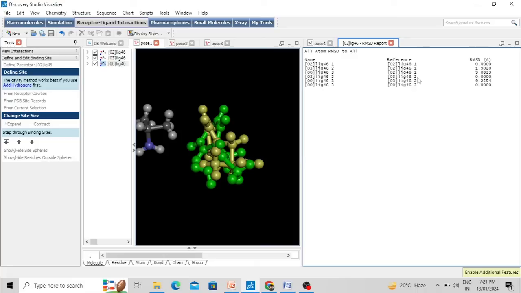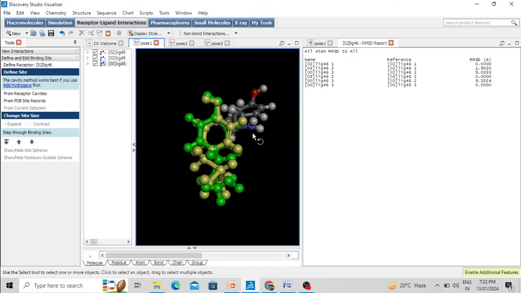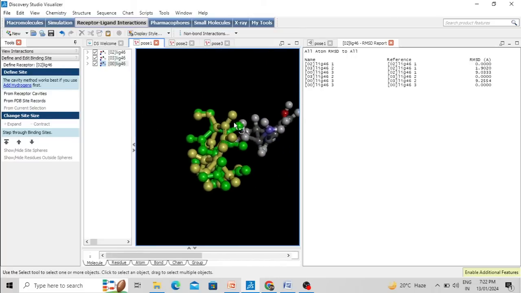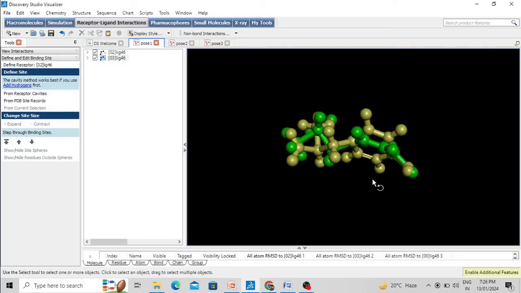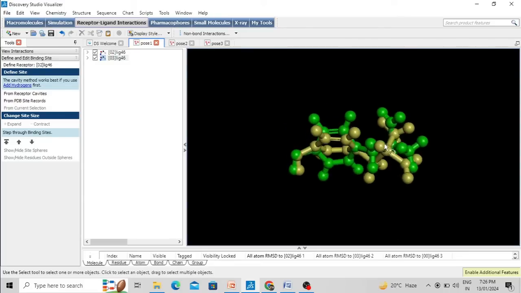So you can see the reference pose RMSD is 0 and the second pose RMSD is 1.90 and the third pose, which is quite dissimilar, its RMSD is 9.03 because it is present slightly away from the first two poses. So one important thing, now these two molecules are not moving, they are fixed.